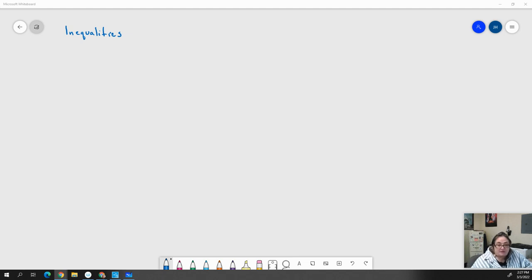So, what we're going to be talking about today is inequalities. Everything that we've been talking about so far, we talked about expressions where we would have something like 3x plus 3, and it's called an expression because it's just what it is, right? It's not equal to anything, it's not unequal to anything.